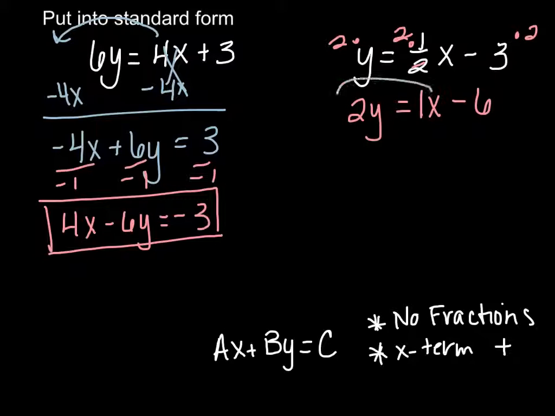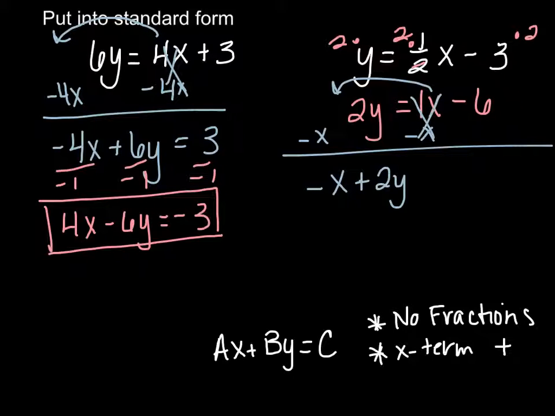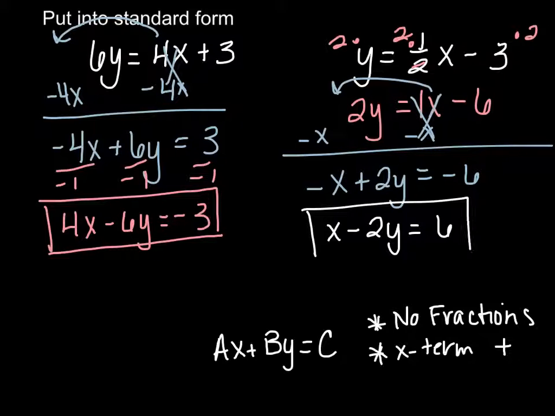The next step is I need to move this over here, so I'm going to subtract an x. So I have negative x plus 2y equals negative 6. Last step, divide or multiply everything by a negative, or you just change the sign of everything. So my final answer is x minus 2y equals 6.